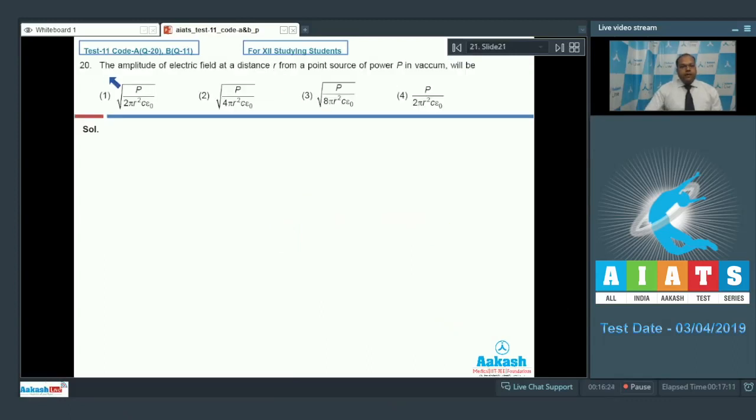In question number 20, the amplitude of electric field at a distance r from the point source of power P in vacuum will be.